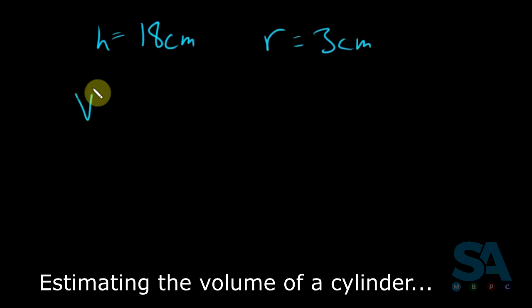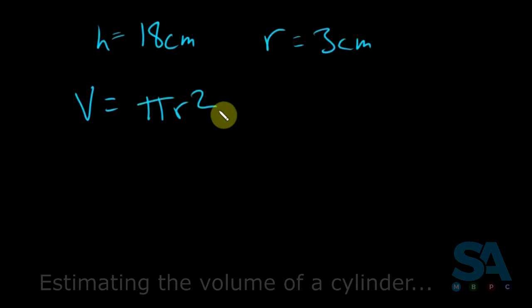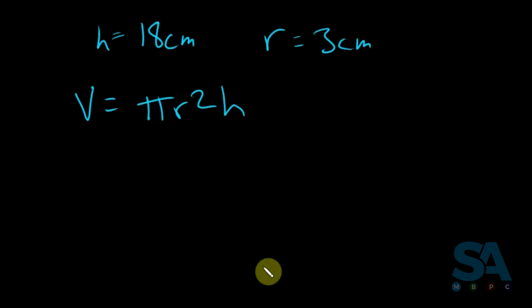If a question asked us to estimate the volume of a cylinder with a height of 18 centimeters and a radius of 3 centimeters, we'd follow some similar steps. So if we know the equation for finding the volume of a cylinder, we need to do this area, which is pi r squared, times the height.